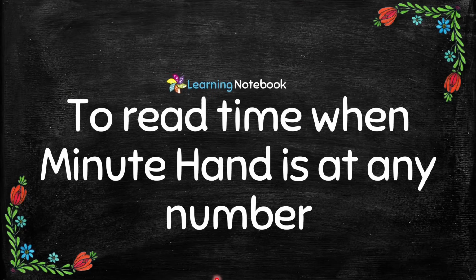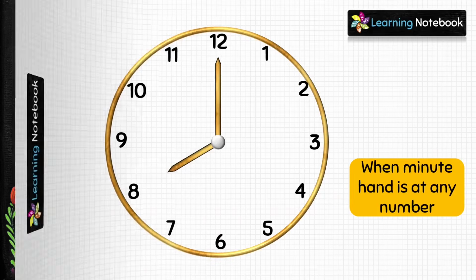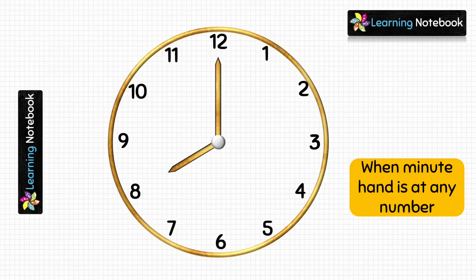Now let's learn how to read time when the minute hand is at any number. Right now, the minute hand is at 12. And we learned it moves to the next number in 5 minutes.